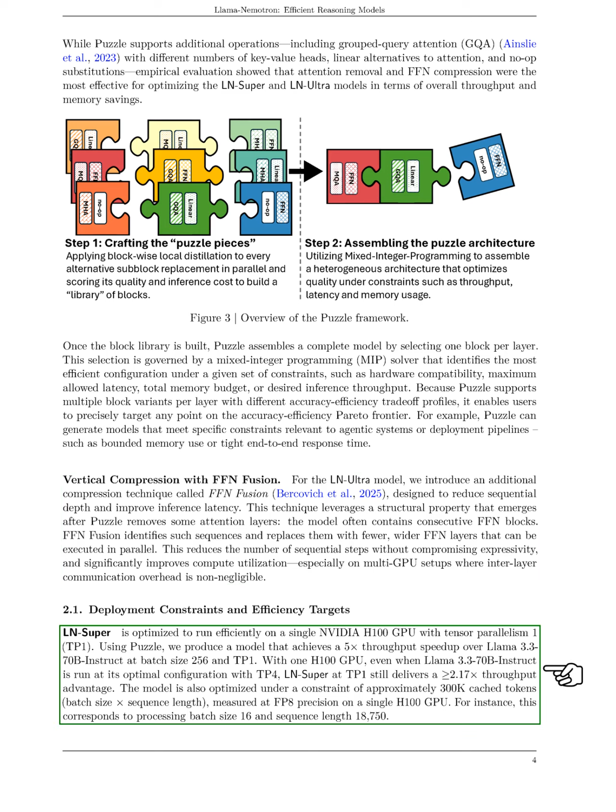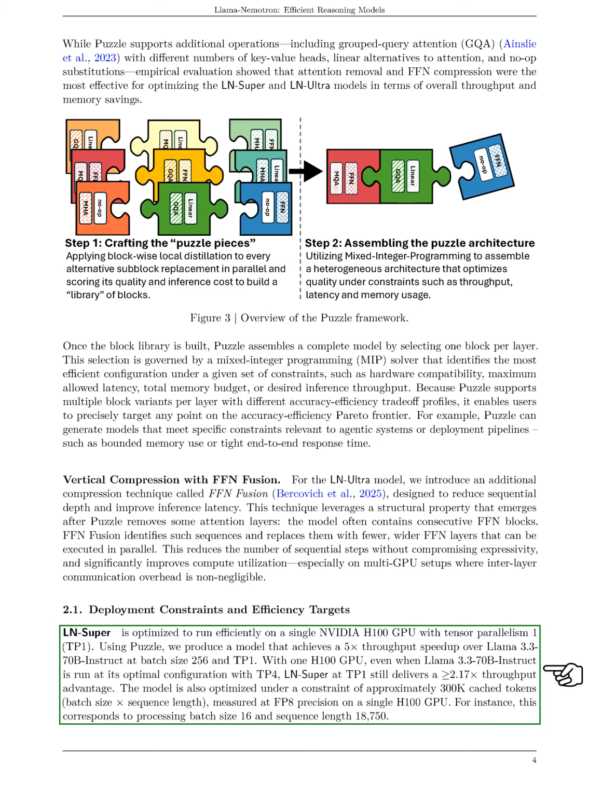For deployment, LN Super is optimized to work efficiently on a single NVIDIA H100 GPU with tensor parallelism set to 1. Using Puzzle, we create a model that achieves a 5 times speed increase over Llama 3.3-70B instruct at a batch size of 256 and TP1.